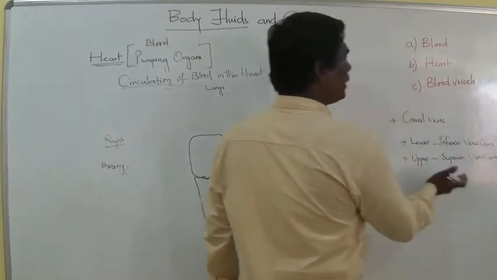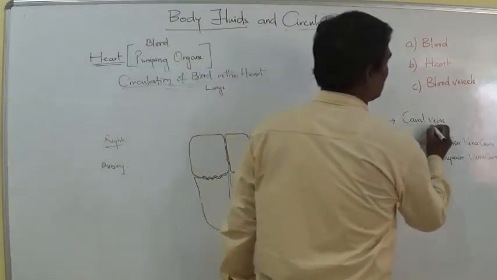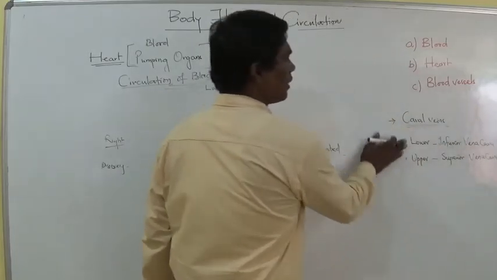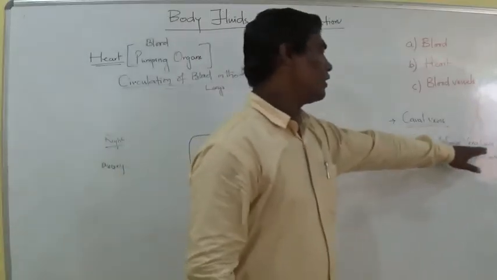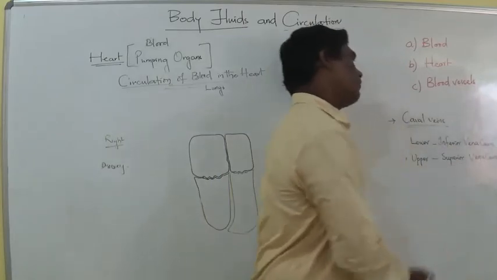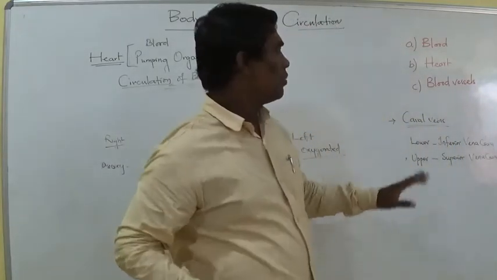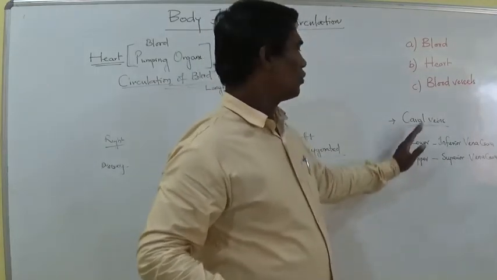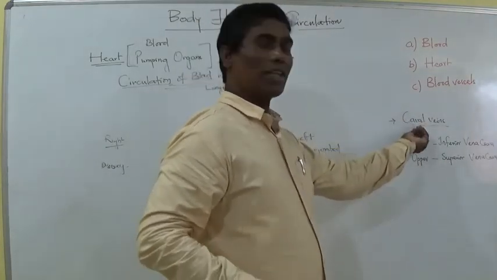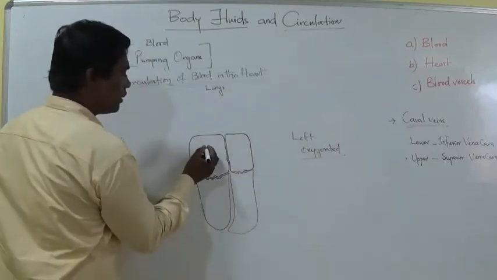So these are collectively called caval veins. The inferior vena cava from the lower side and the superior vena cava from the upper part of the body bring the impure blood and pour it into the right chamber.